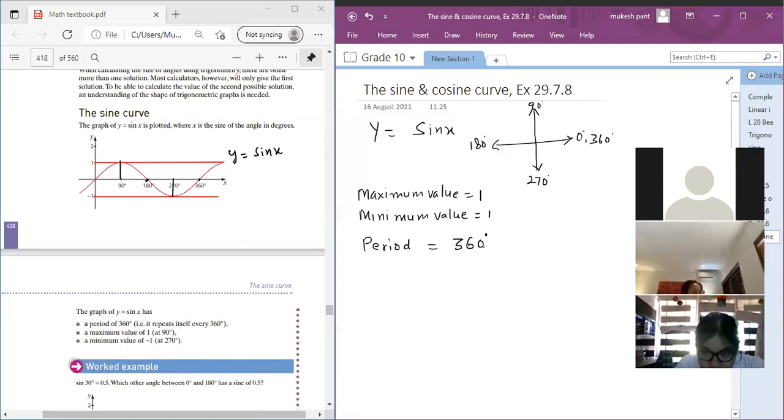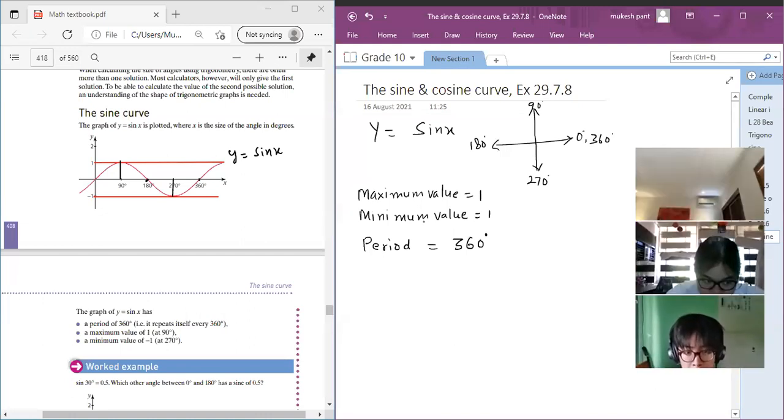Understanding? 360-degree is its period. So we are knowing 3 things: the maximum value, the minimum value, and the period. Maximum value is 1, which is at 90-degree. Minimum is -1, which is at 270-degree.